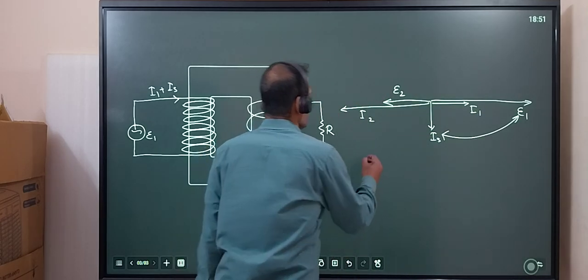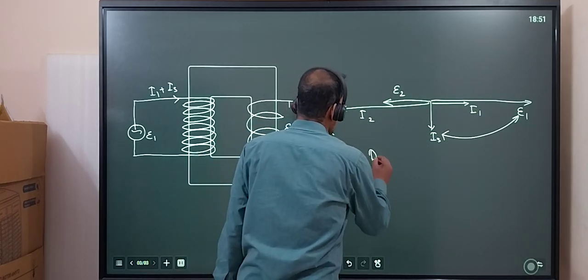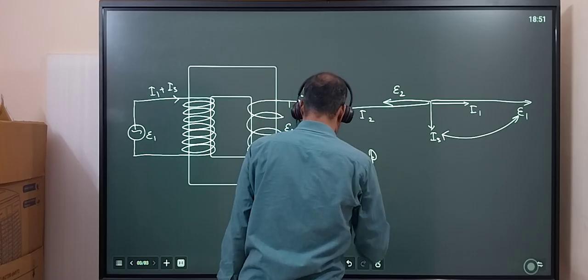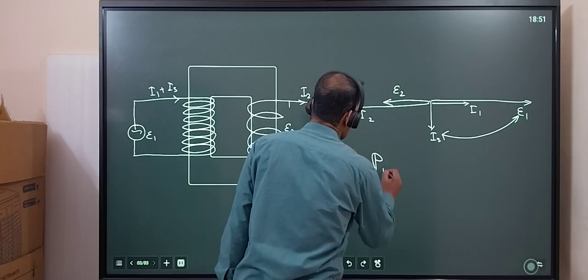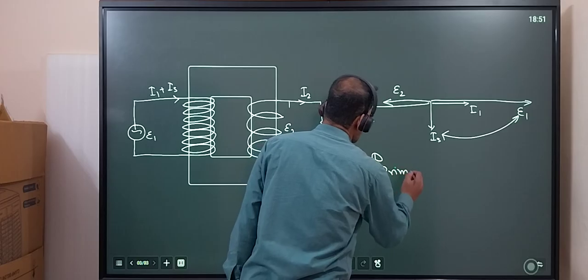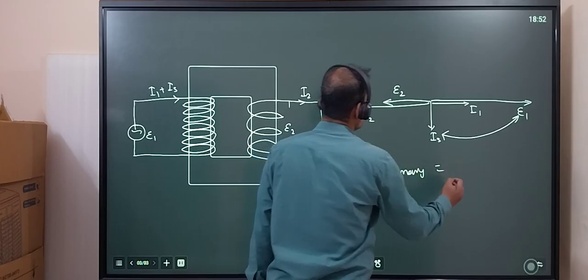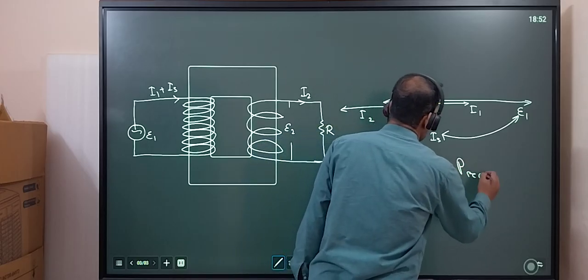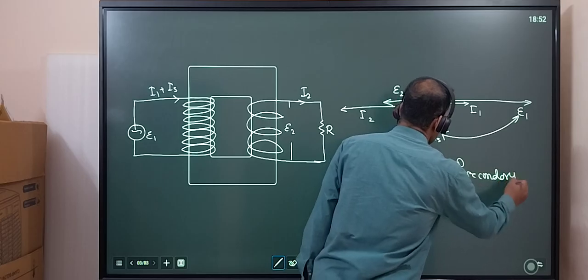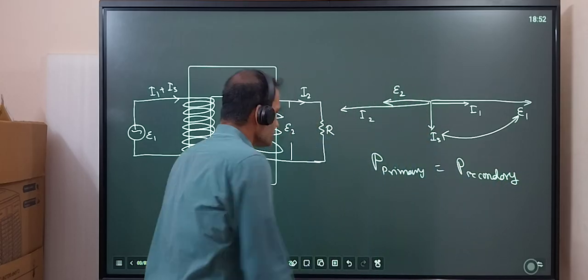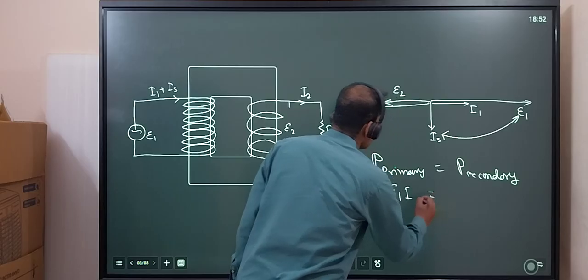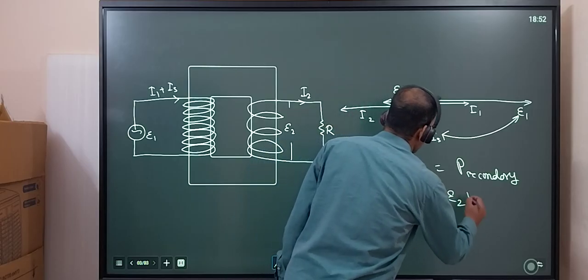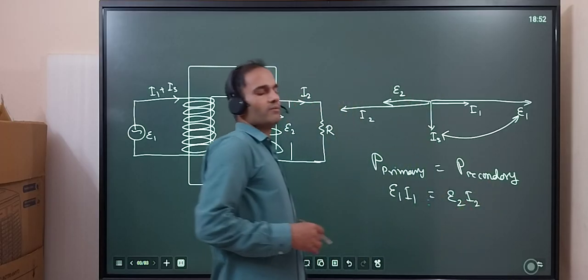So the power in primary will be the power in secondary. So this will be E1 I1 and E2 I2. They will be both equal.